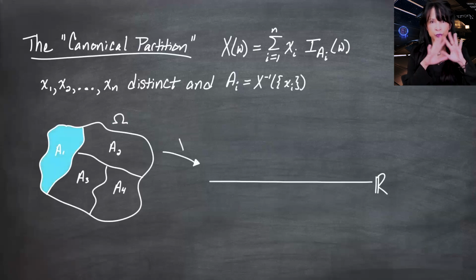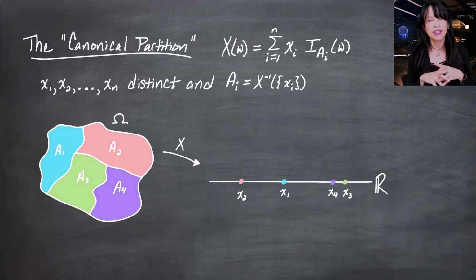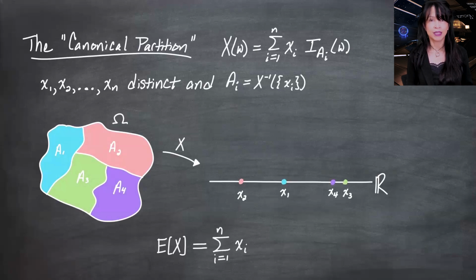So here I've got an omega split into 4 sets, disjoint and unioning to give us the whole omega. And suppose every point up here in this set A1 maps to this point x1, every point in A2 maps to this x2, etc. Everything is distinct. The expectation under our new definition is going to be the sum as i goes from 1 to n, in this case n equals 4, of xi times the probability measure of A sub i.